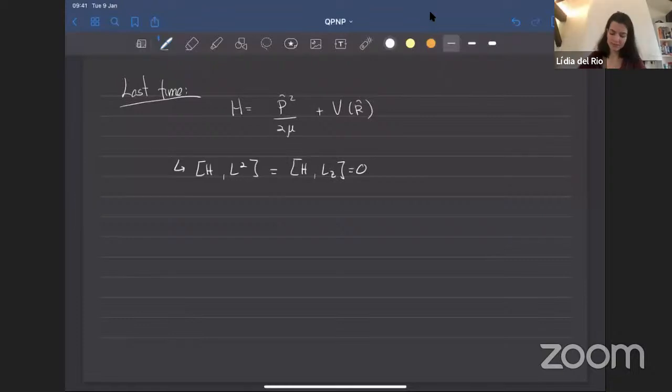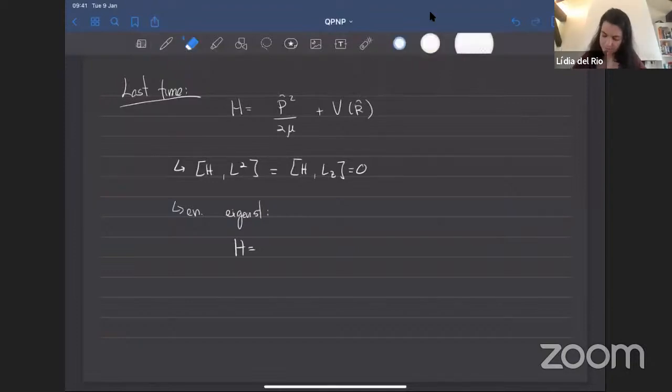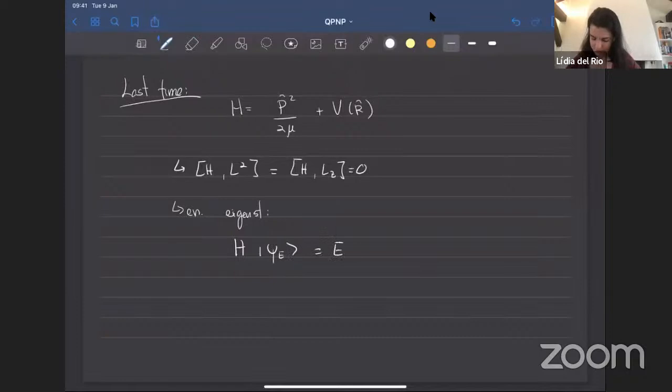And then we saw that from here, all the energy eigenstates were also angular momentum eigenstates, right? So this is the Schrödinger equation that we saw, and let's say E can depend on two numbers, actually only on one, n.